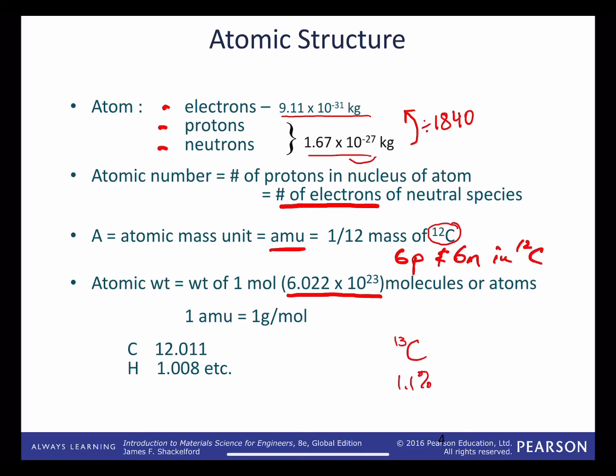So you can see that its contribution to the overall average mass of all carbon is going to be de-emphasized given how low the abundance is. So most of the carbon is carbon-12, upwards of 98.8% in abundance. And that, as a weighted average, gives us the average mass for carbon as indicated on the periodic table. Okay, and so you'll see that for lots of elements across the periodic table.